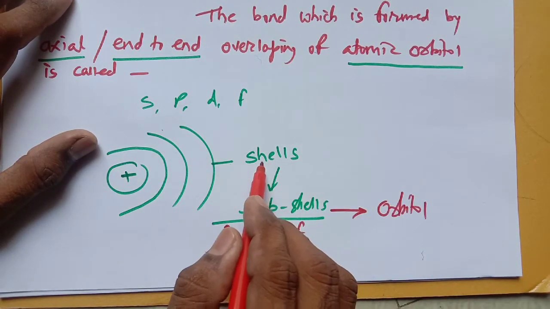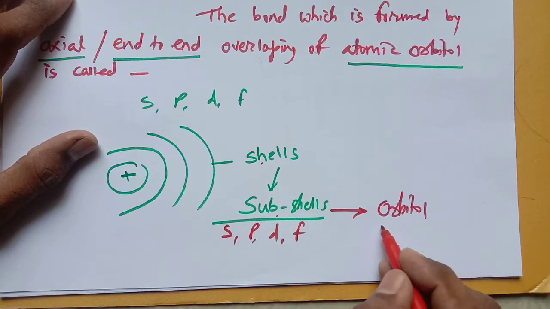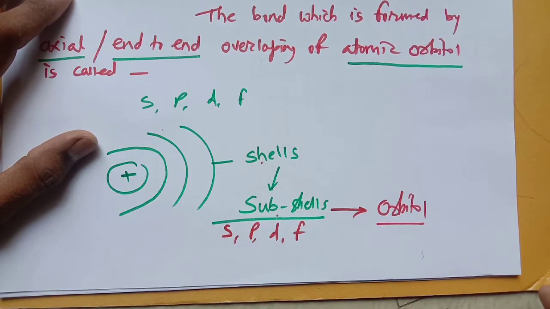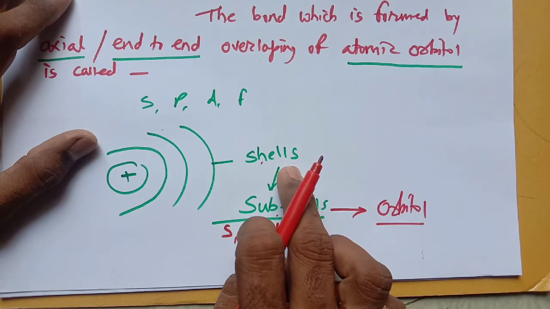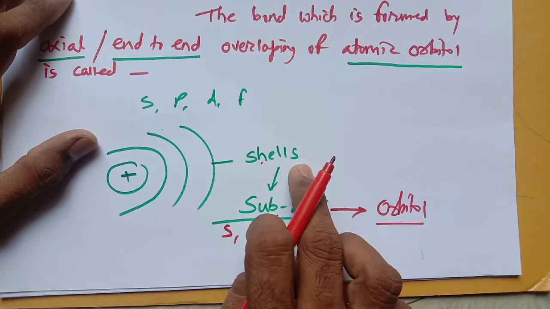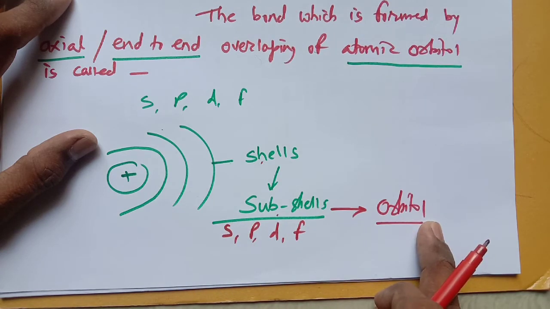Out of these three, shells, subshells and orbitals, the orbital is the place where there is a maximum probability of finding the electrons. Generally we say that electrons are present in shells, but they are not present in the shell, they are present in subshells. But actually they are not present in the subshell either, they are part of the orbitals.